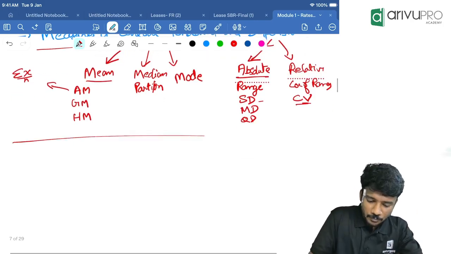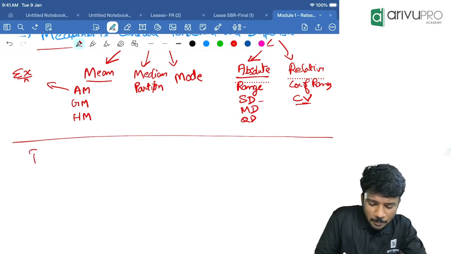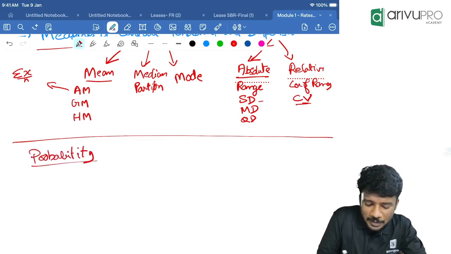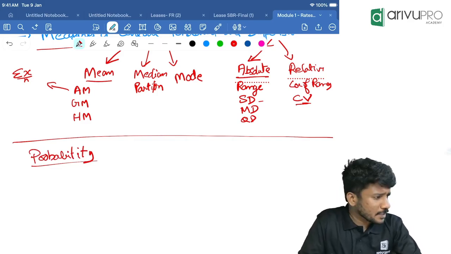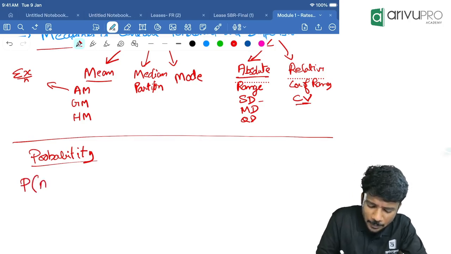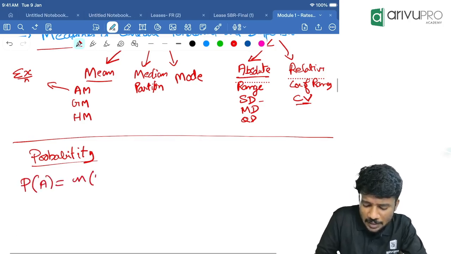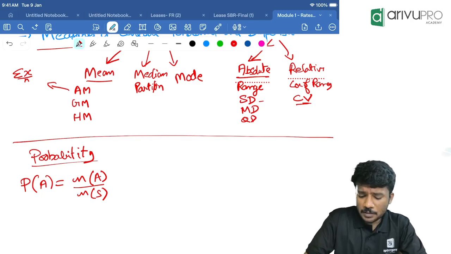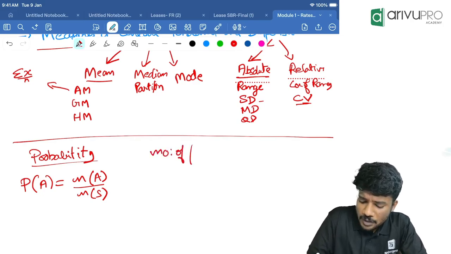Then, second thing is probability. Have we studied probability? Yes, we have studied probability. What is the basic formula of probability? P of A is nothing but N of A divided by N of S. N of A is the number of favorable outcomes. N of S is what?